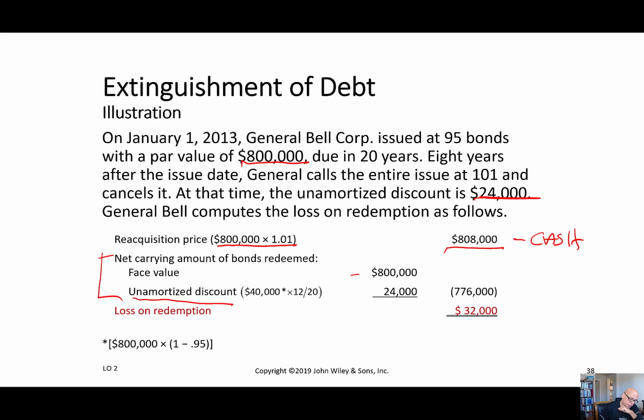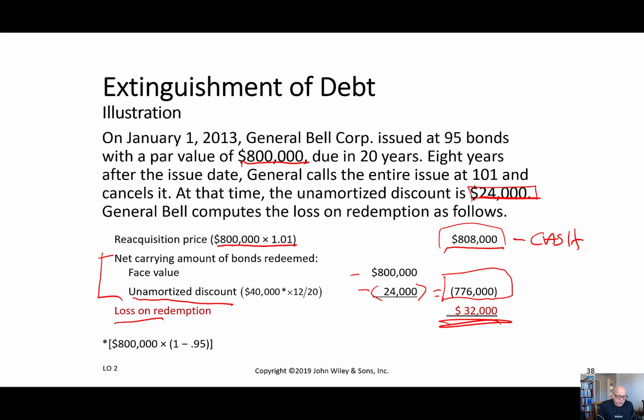Look, they just gave it to me, 24,000. So I pick up that unamortized discount and subtract it from the face, and that gives me the carrying amount of the bond. Now, since I had to pay 808 to retire a debt of 776, that's a loss of 32,000.